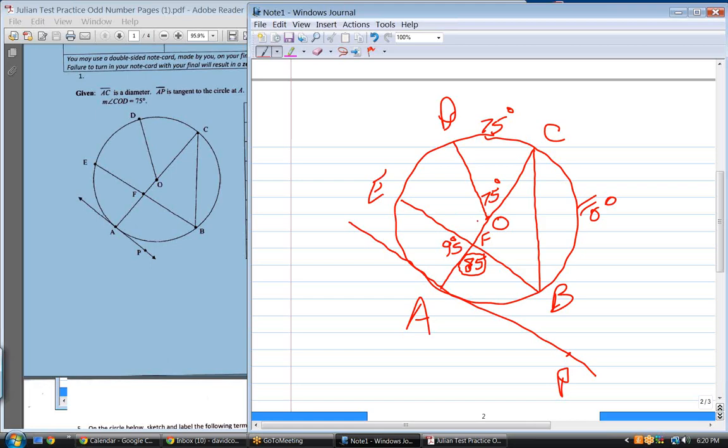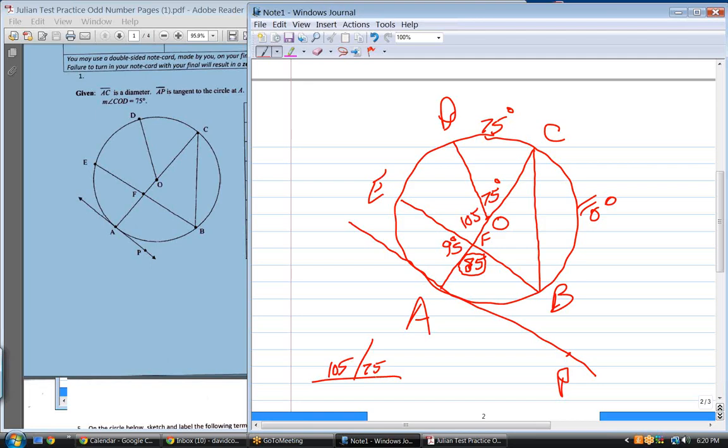What's this angle right here? Supplementary with 75 because it's a straight line? In other words, you have a straight line with these two angles, they are always supplementary. Okay. That one's 75. This one has to be 105. Oh, alright. Okay, so this is 105.